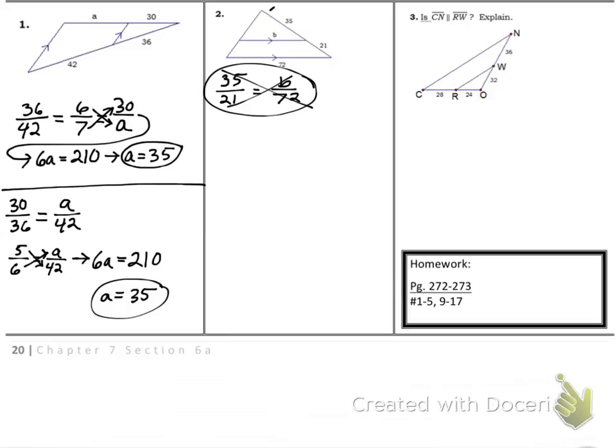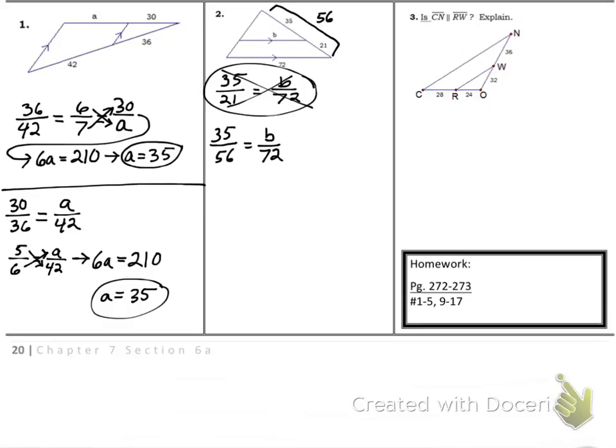So if I'm dealing with parallels, you should be adding up a side. So that's going to give me 56. So rather than doing 35 to 21, we can do 35 to 56, and that's going to equal our b over our 72. Now did I simplify this? I did simplify this.